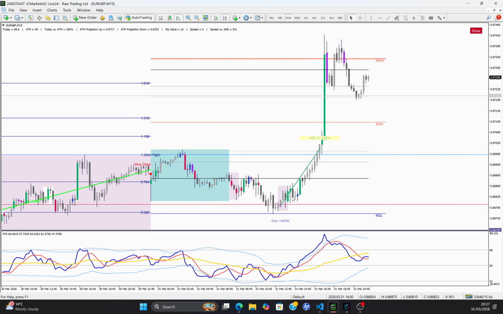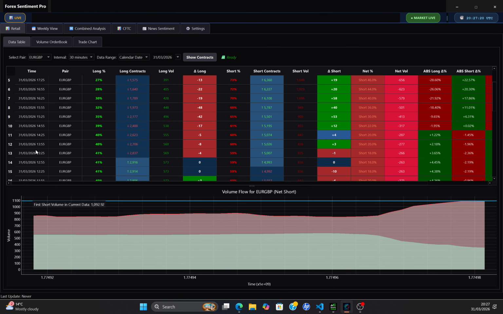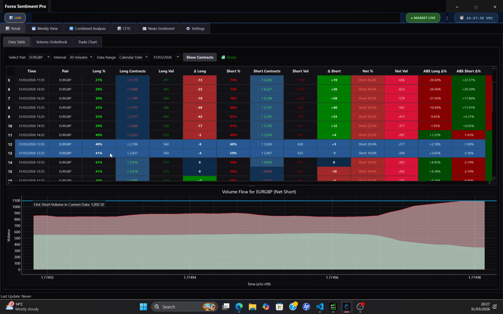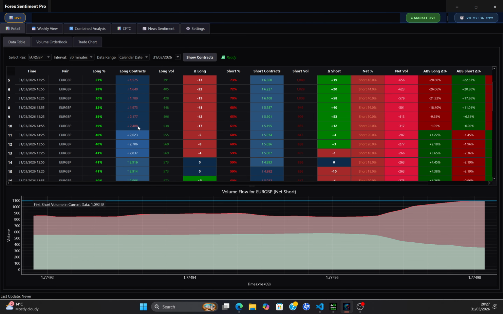Opening 15 to 30 minutes before the New York session, at the time when you look at the retail trader positions, starting half past one, I realized that retail traders are closing out their long positions, which you can clearly see.